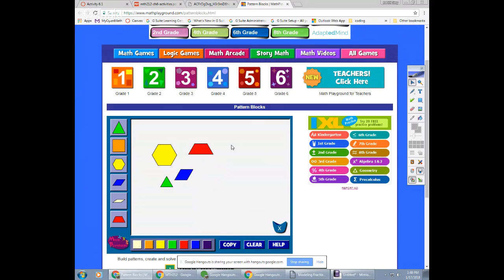For the pattern blocks, grab a few hexagons, a few trapezoids, and several of the blue rhombuses and many of the green triangles.